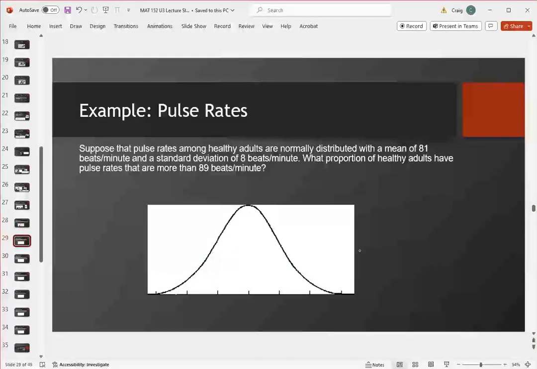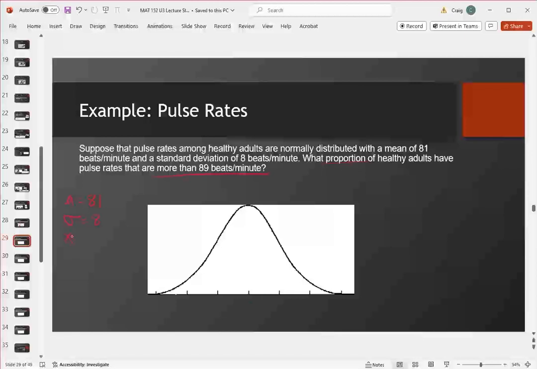Suppose pulse rates among healthy adults are normally distributed with a mean of 81 beats per minute and a standard deviation of 8 beats per minute. What proportion of healthy adults have pulse rates that are more than 89 beats per minute? Well, if we want the proportion, we need to know the proportion of the area that's in that region in our normal distribution.